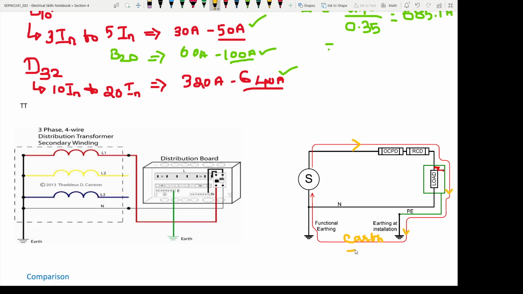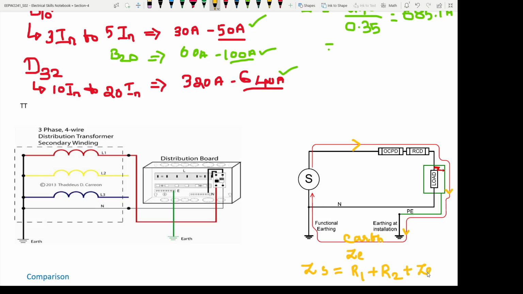So at E, the resistance of the ground or the earth is denoted as ZE. In the TNS or TNCS, ZS equals only R1 plus R2, that is the line conductor resistance and the earth conductor resistance. But here for the TT, 3 variables come into picture: R1 plus R2 plus ZE.